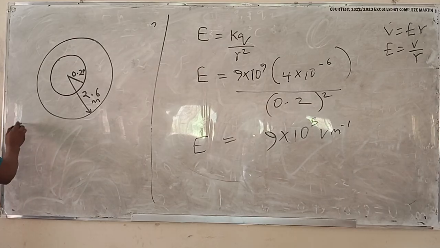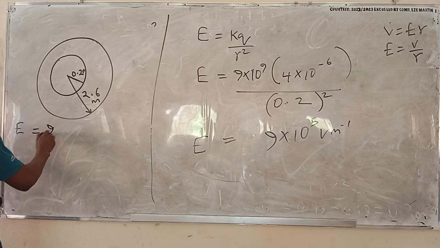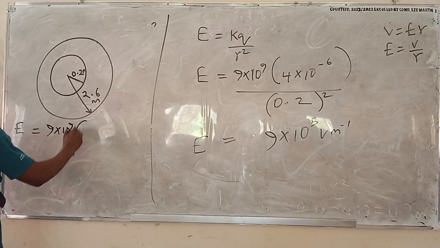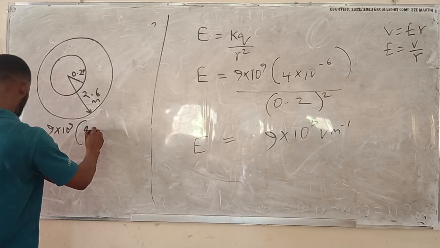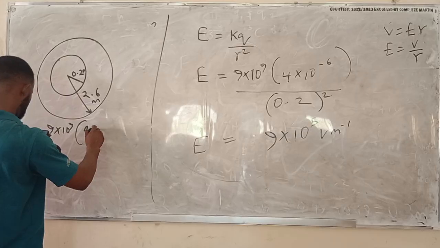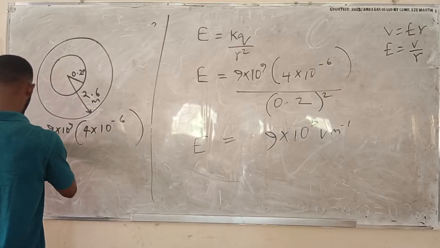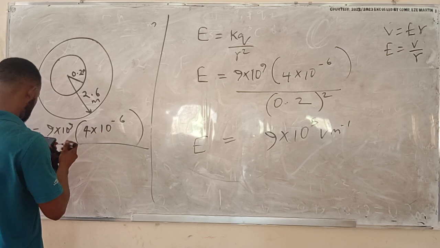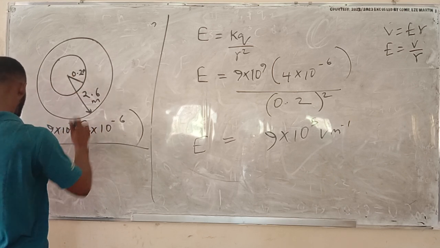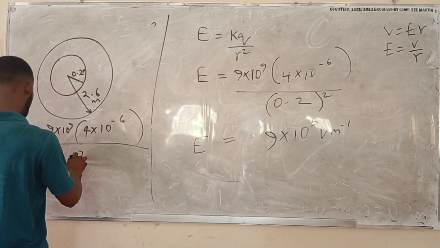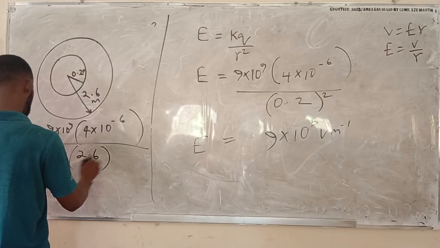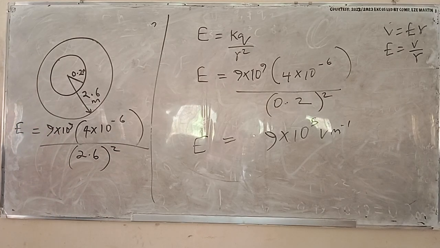Okay, so E will be equals to 9 times 10 raised to the power 9, then 4 times 10 raised to the power minus 6, all over 2.6 all squared.